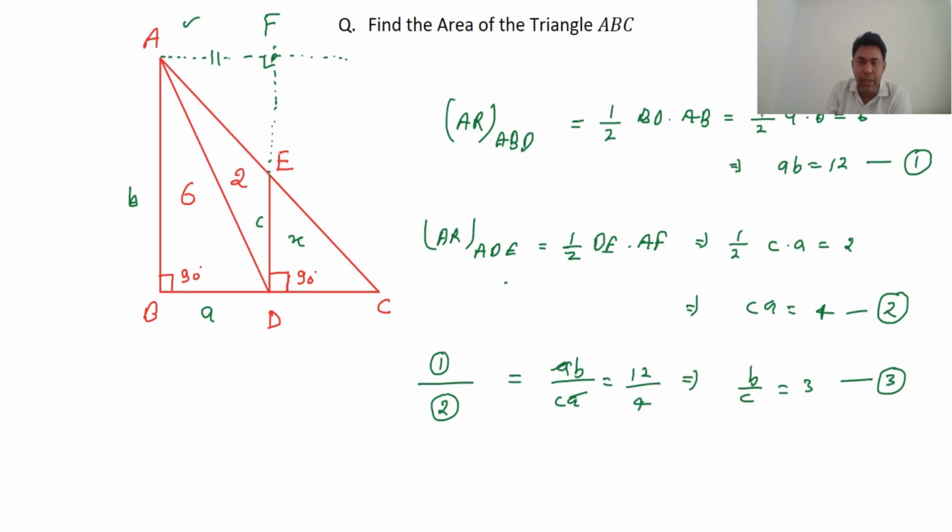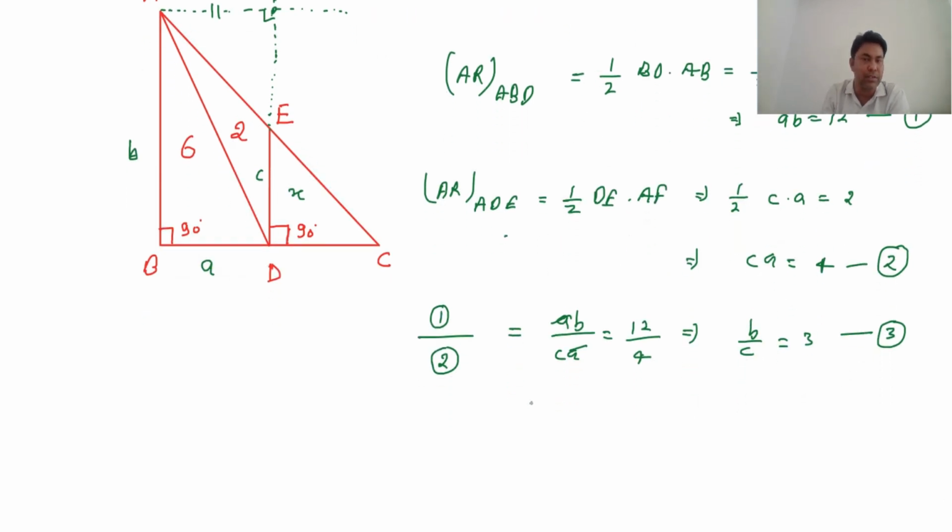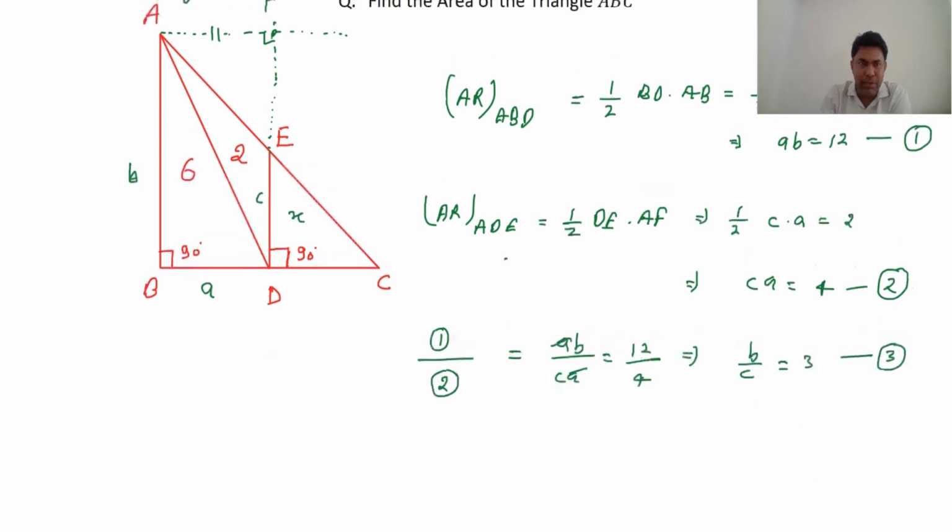Further we will be using the property of similar triangles, that if two triangles are similar, then the ratio of their areas will be equal to the ratio of the squares of their corresponding sides. So if we check triangle ABC and triangle EDC, in these triangles angle B and angle D both are 90 degree, and angle C is common to both.